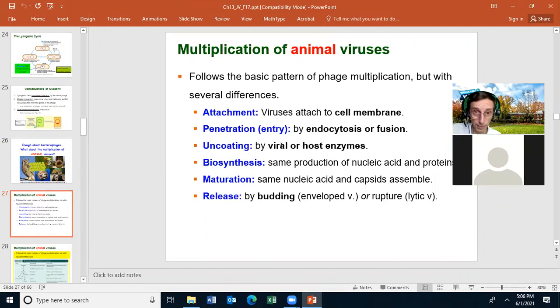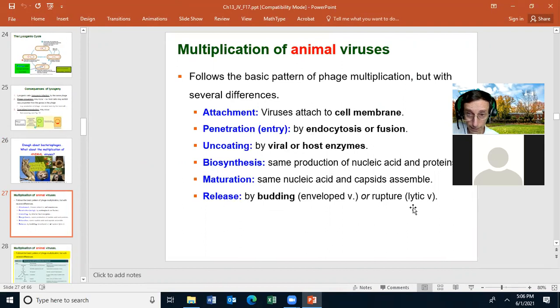Their attachment, penetration, encoding, biosynthesis, and maturation can be different than a bacteriophage. Their release is different, and there are some animal viruses which follow the lytic life cycle.